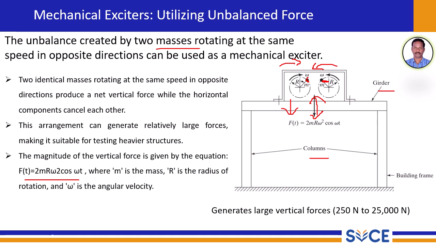As indicated at the bottom, this method is capable of generating substantially large vertical forces ranging from 250 Newtons to 25,000 Newtons, highlighting its capability for testing larger and more robust structures.